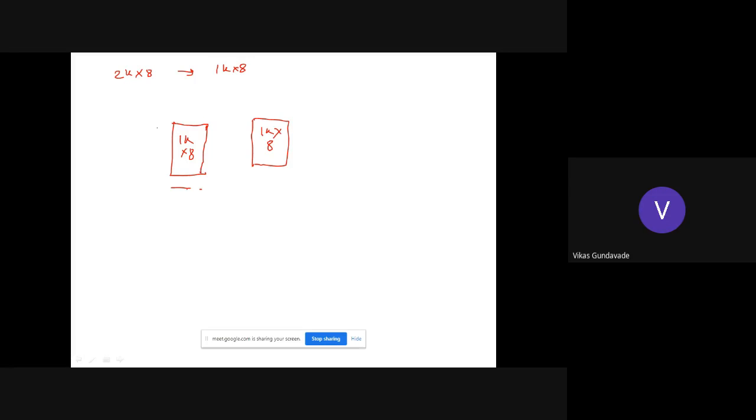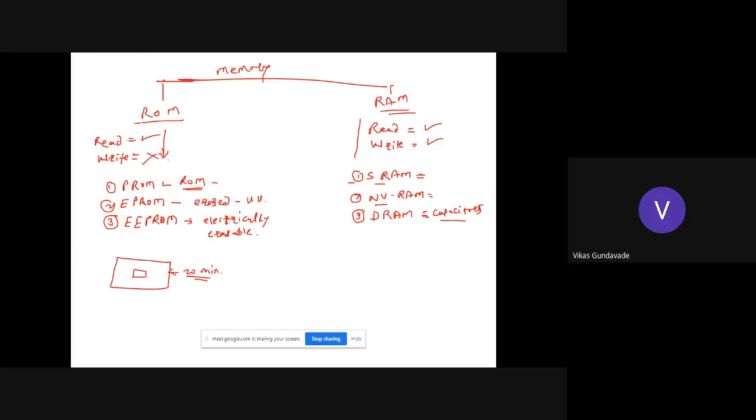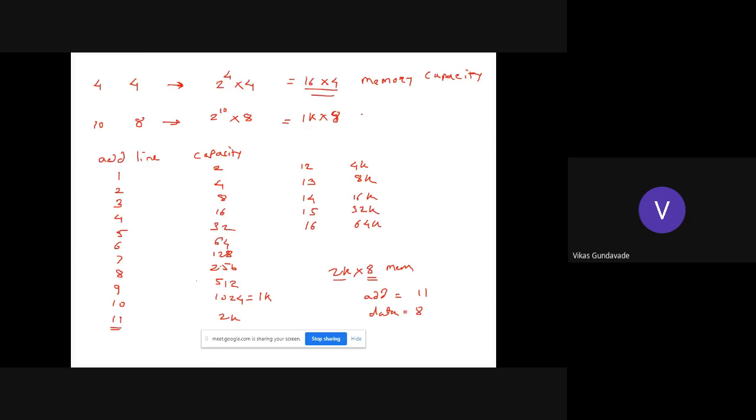For 1K, how many address lines are required? If we see the previous session, for 1K, 10 address lines are required. These address lines start from A0. So 16 address lines are written as A0 to A15.